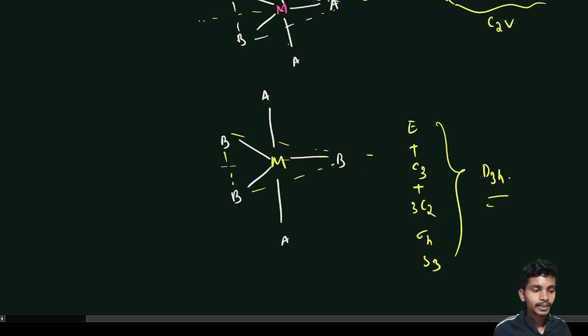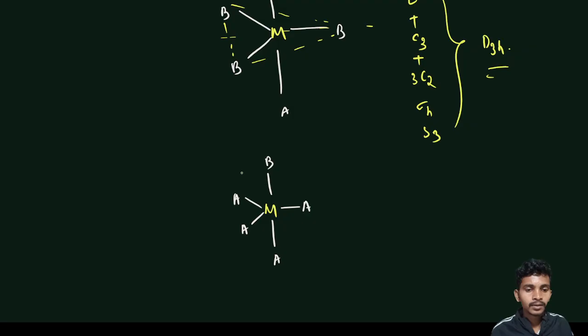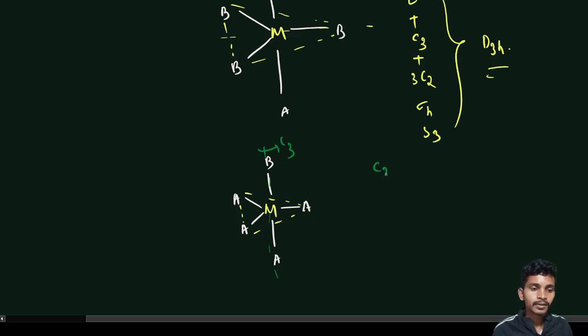So now if you replace in axial, then what happens? This is M. Now I am replacing here B, and this is A, this is A, this is A. Then how will the point group look? For this case, we can see that if I pass the planes through this, then C3 is there, C3 is there, E is there.